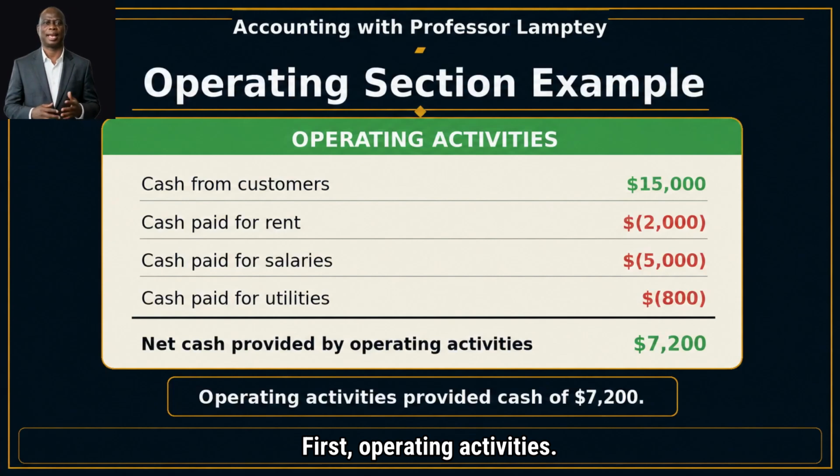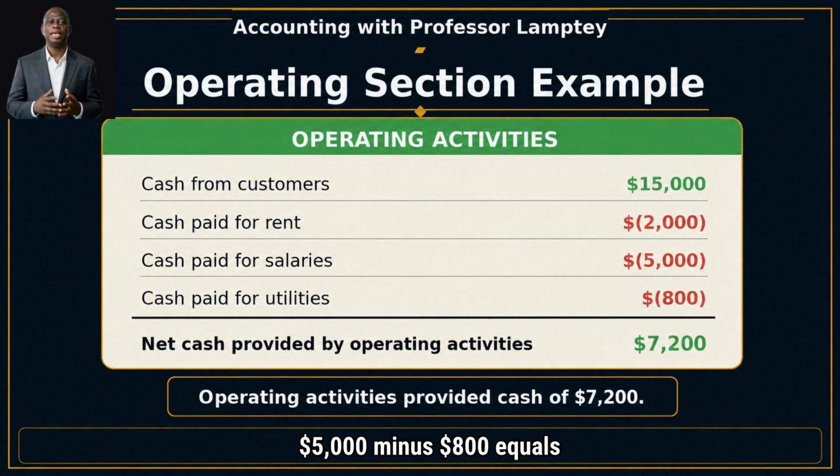Now let's organize these into the three sections. First, operating activities. Cash received from customers, $15,000. Cash paid for rent, $2,000. Cash paid for salaries, $5,000. Cash paid for utilities, $800. Now calculate net cash provided by operating activities. $15,000 minus $2,000 minus $5,000 minus $800 equals $7,200.